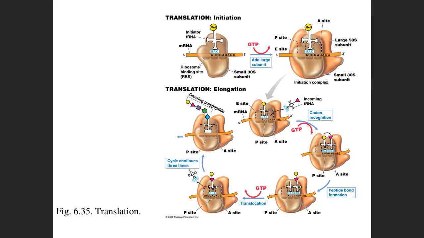These all go in cycles, and we'll come back to talk about how this could be regulated. This is a quick review of the start of transcription and translation. Does anyone have any questions before I move on?